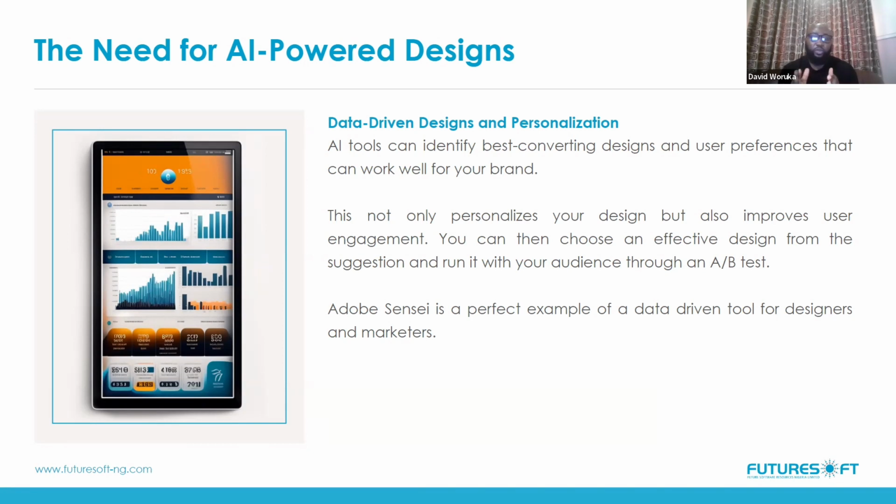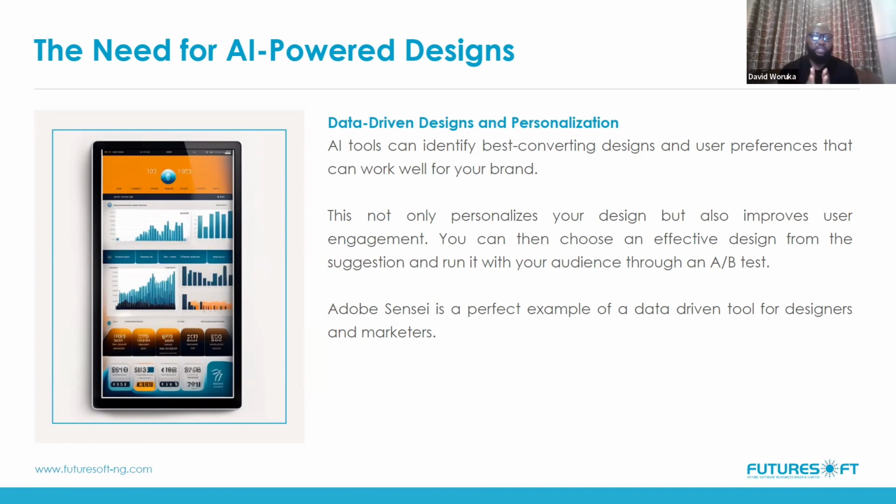So when you talk about identifying best converting designs, you can input your user personas and their data, their preferences, the key individuals or personas that identify your target base. You can input that into Adobe Sensei, and based on that information, since it's cloud-based AI, it searches the web and gives you suggestions while you're creating.